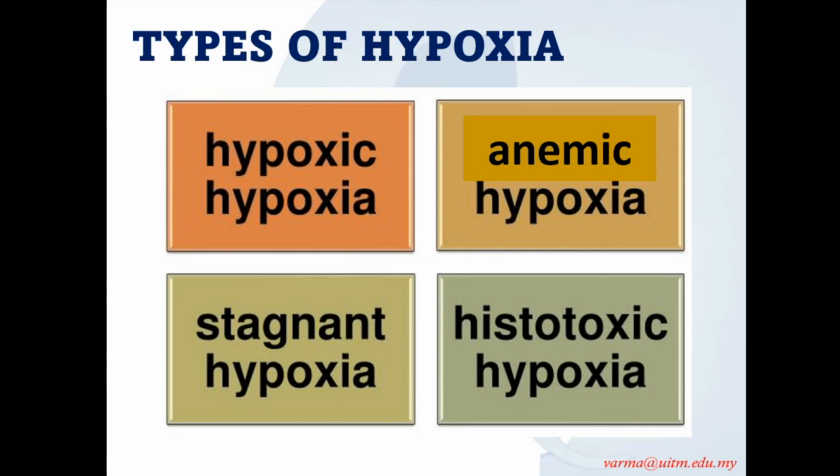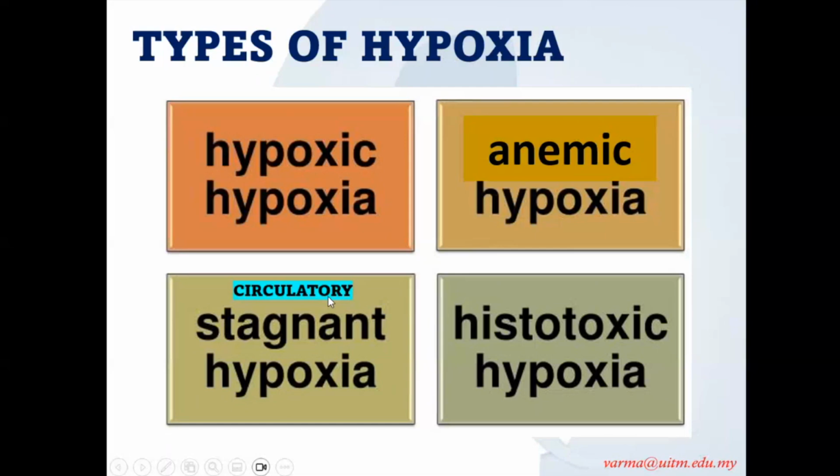We come to hypoxia. There are 4 types of hypoxia. We already discussed the distinguishing factor between hypoxemia and hypoxia: hypoxemia is low PaO2 in the blood, whereas hypoxia is low oxygen delivery or usage in cells. The 4 types are hypoxic hypoxia, or hypoxemic hypoxia, which is the same, meaning hypoxia because of low PaO2, anemic hypoxia, stagnant hypoxia, or histotoxic hypoxia.